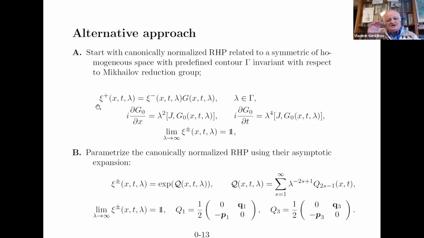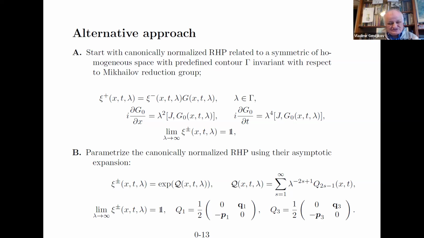So here, as I mentioned a bit before, I will stick again to multi-component nonlinear Schrödinger type equations. So xi plus equals xi minus times g, and g satisfies these two simple linear equations with respect to x and time. And then, of course, we have canonical normalization.